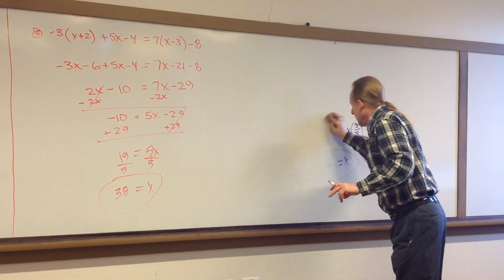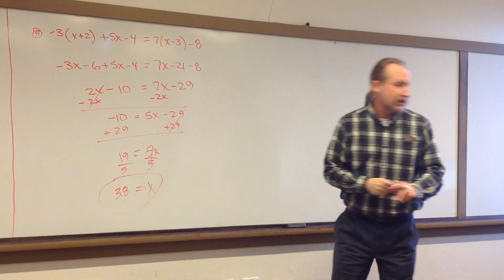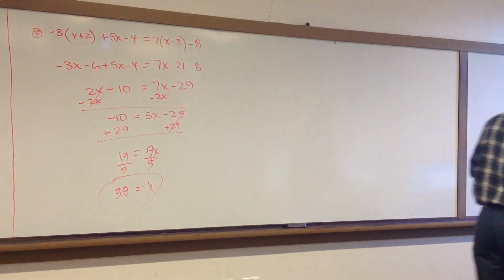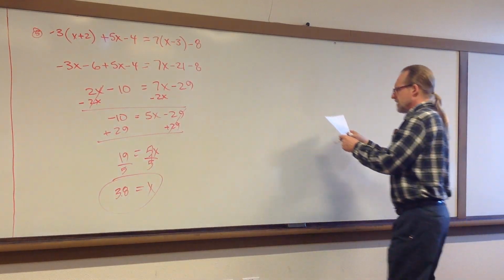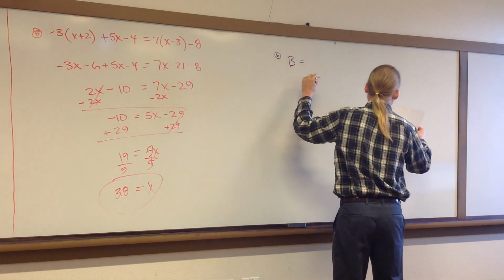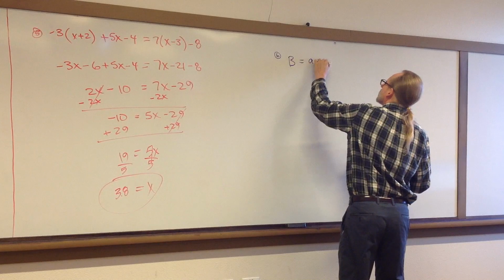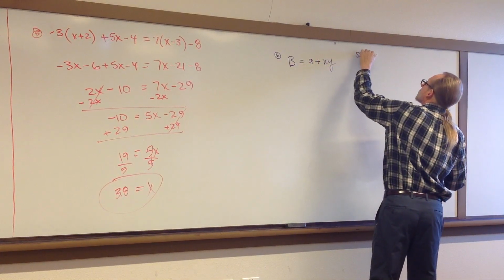And then I think the last problem on this second page of the final is the literal equations. So let's see what we've got here. Problem 6 says b equals a plus xy, and we want to solve for x.